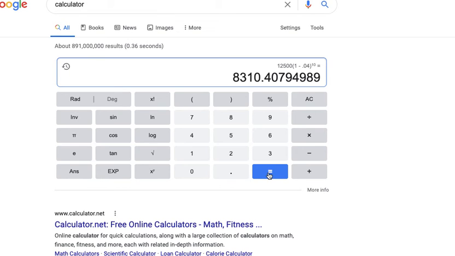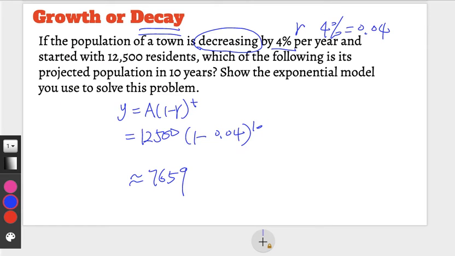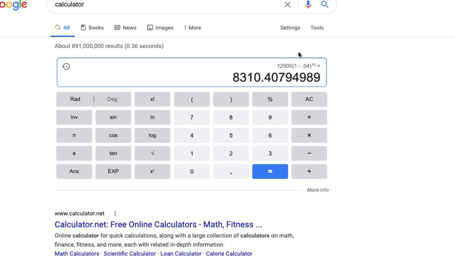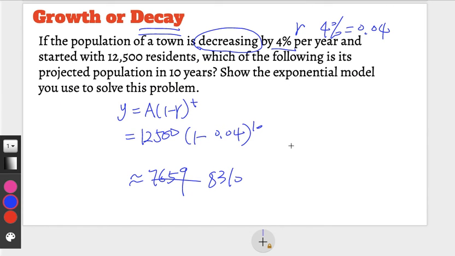Okay. Oh, so it's actually more. I do apologize. So it's 8,310. That's not exactly an accurate number, because in real life a lot of factors can control that, but using this can predict the population is about this number after 10 years.